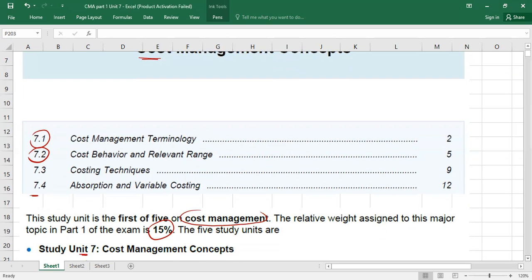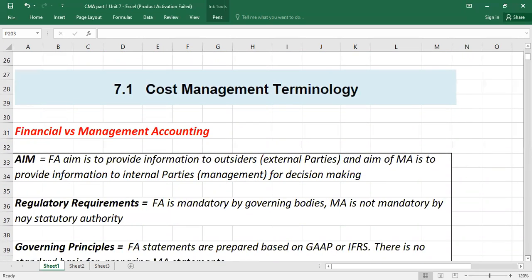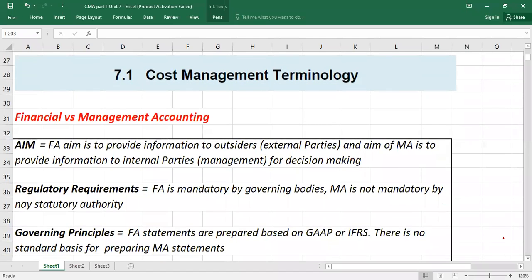So here we go. First of all, guys, topic number 7.1 is about cost management terminologies. And here sometimes in your exam, you will see a question on the difference between financial accounting and management accounting, because we are going to start cost accounting.